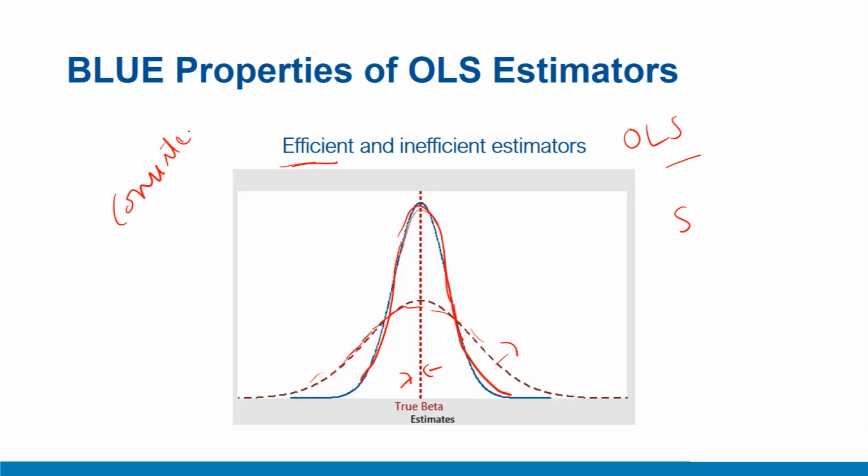What is consistency here? Consistency is that in large samples, the expected value and variance converge to the true beta. That means the estimate converges to the true beta. Its expected value becomes closer to the true beta and its variance comes lower and lower. So essentially it converges to the true beta in large samples, which is called consistency.